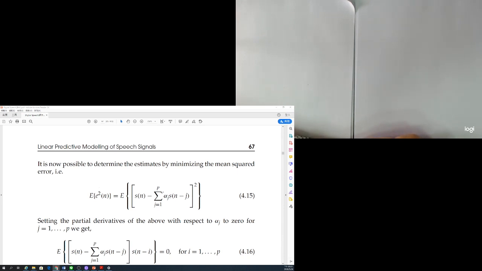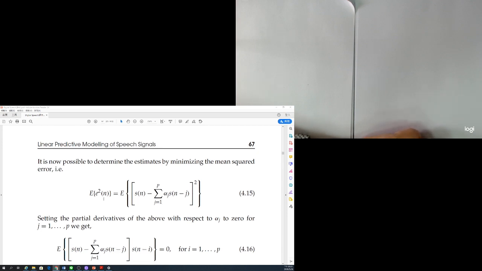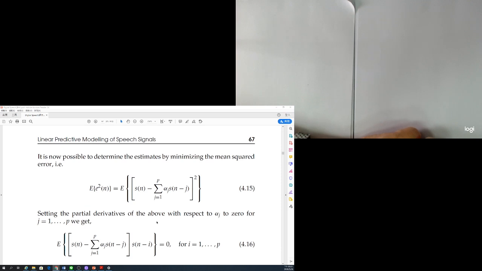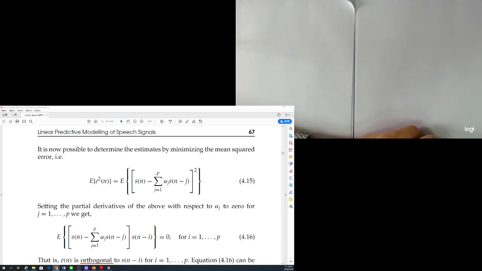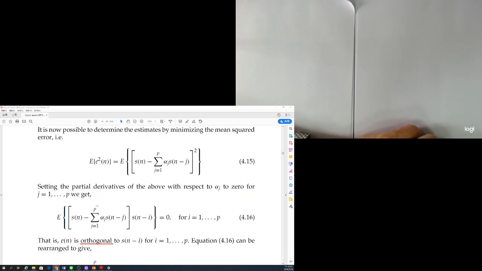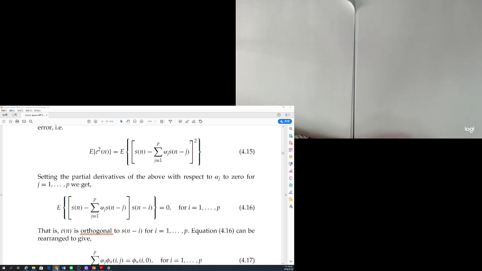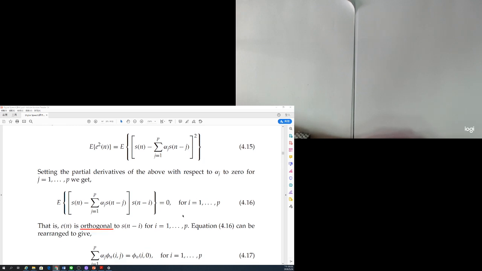The unknown parameters are our alpha. We have p unknown parameters in total, so we take the partial derivative with respect to each. Because this is second order, it has a minimum value. If we take the partial derivative with respect to the unknown parameter and set it equal to 0, we get the minimum error value.